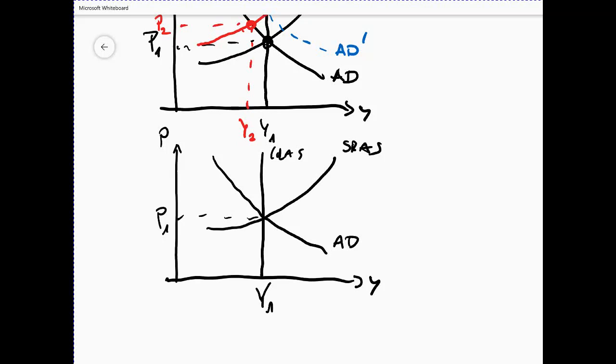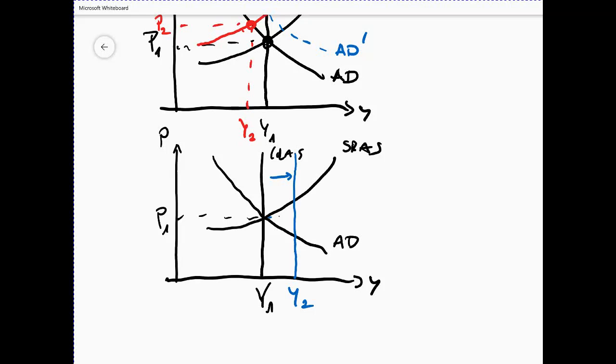Now we can imagine a situation when, for example, the LRAS increases. We should wait a minute because there was some lag in the computer. So what happens when, for example, technology moves the LRAS, technological development moves the LRAS to the right?